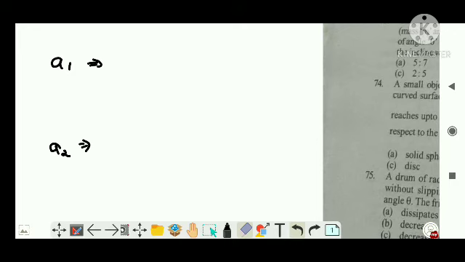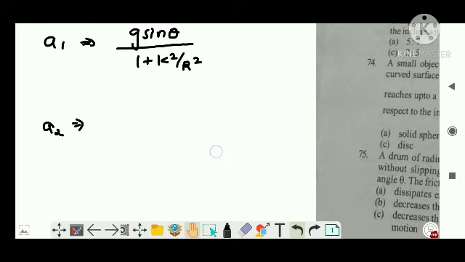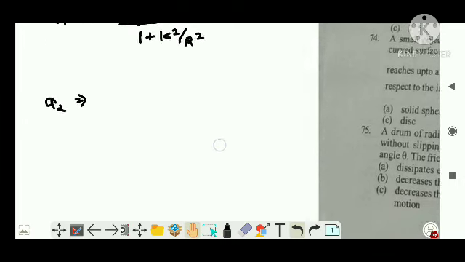Clear? Right? So what is the equation for acceleration of any rolling body on an inclined plane without slipping? It is g sine theta divided by 1 plus k squared by r squared. Now my question is, what will be the acceleration of a body which is rolling down with slipping?